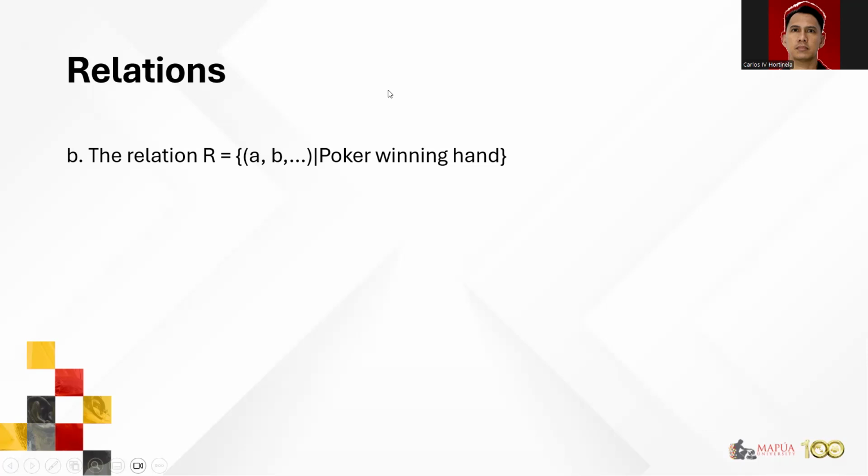As long as you group together cards, that will be included in your relation set, meaning you're not limited to just pairs of cards. Okay? You can have a group in your relation set that contains two or more elements.